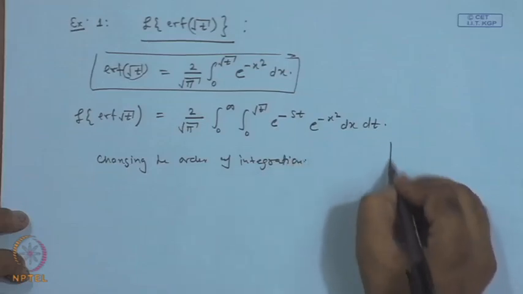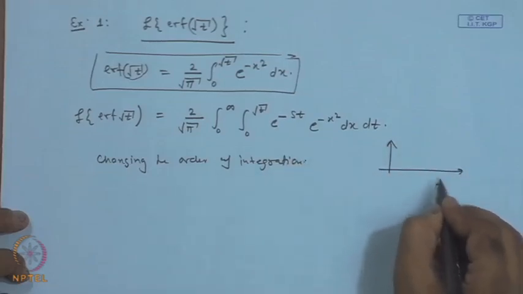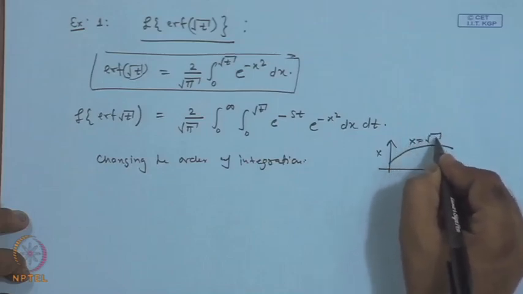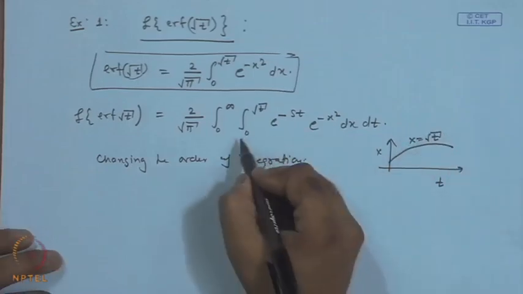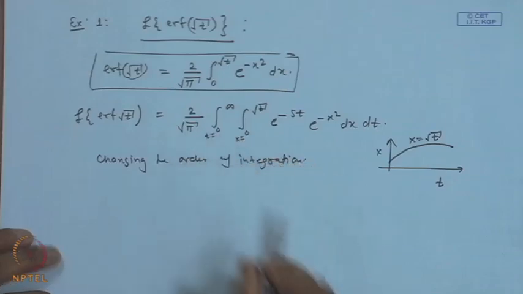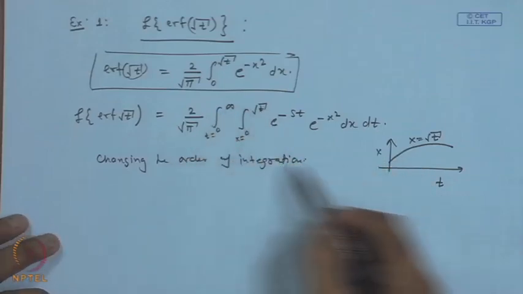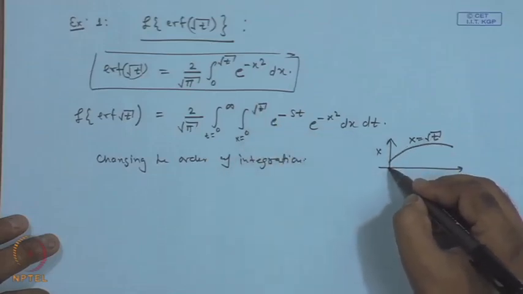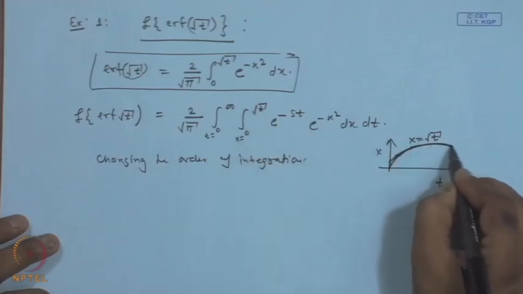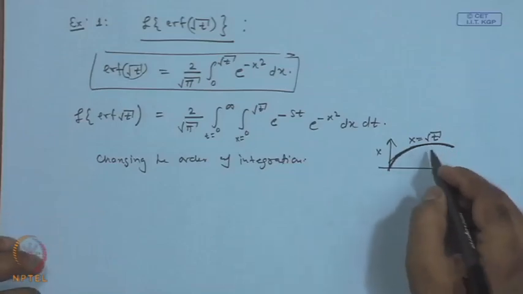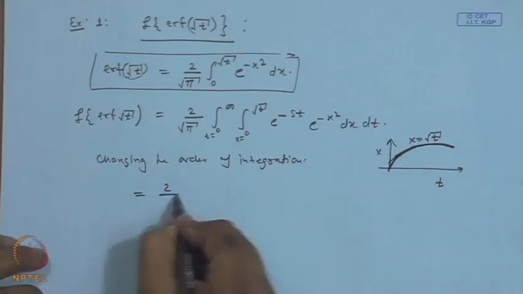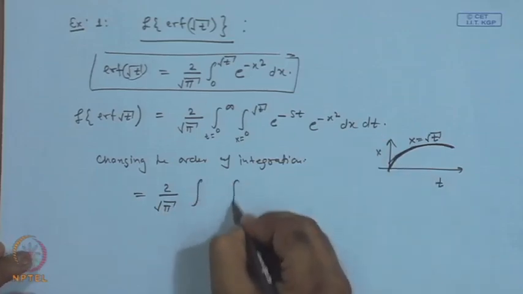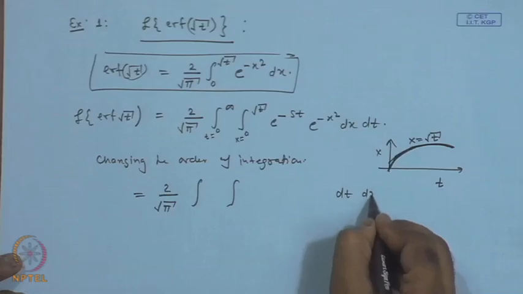So, if we have t on one axis and x on the other, then x is limited by the curve x equal to square root t. So, t is from 0 to infinity and x was from 0 to square root t. Now we want to change the order of integration, that means now we want dt dx.